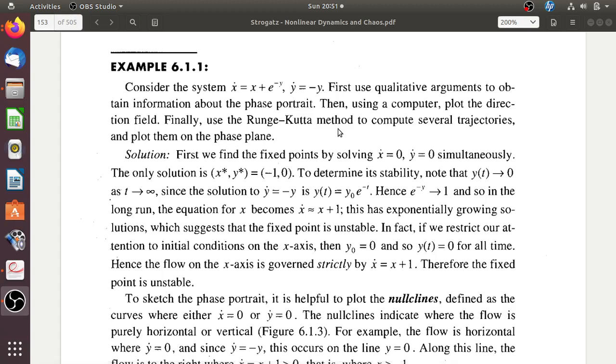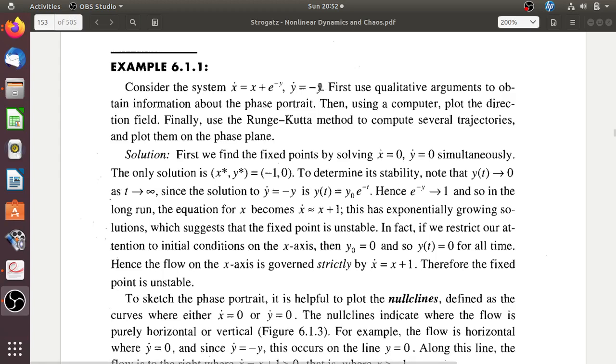So in order to do that, the first thing we need to know is where is the equilibrium point, or is there any equilibrium point. At equilibrium we know that both x dot and y dot have to vanish. We know y dot will vanish when y is equal to 0, so for any other y value, y dot will not be 0, so y has to be 0 at the equilibrium point.